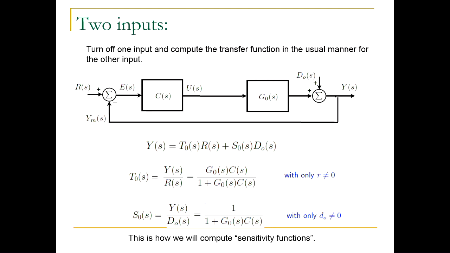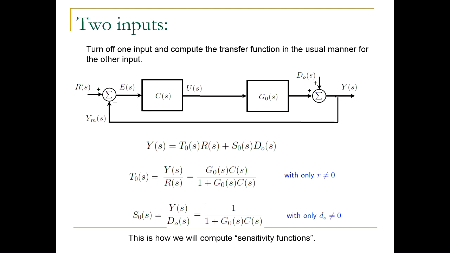Later on, we will consider a much more general version of this block diagram, where instead of 2 inputs, we will have 4 inputs. We will introduce also a disturbance at the input here, and we will add also another signal here, which would be the noise. Right? And we would be interested in all possible transfer functions from each input to each output.